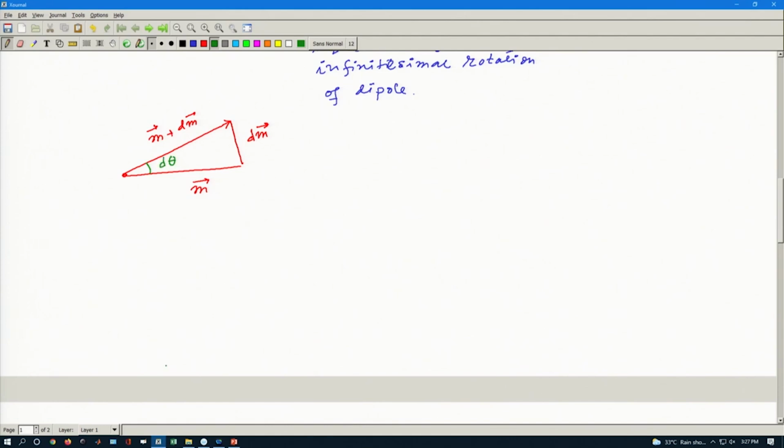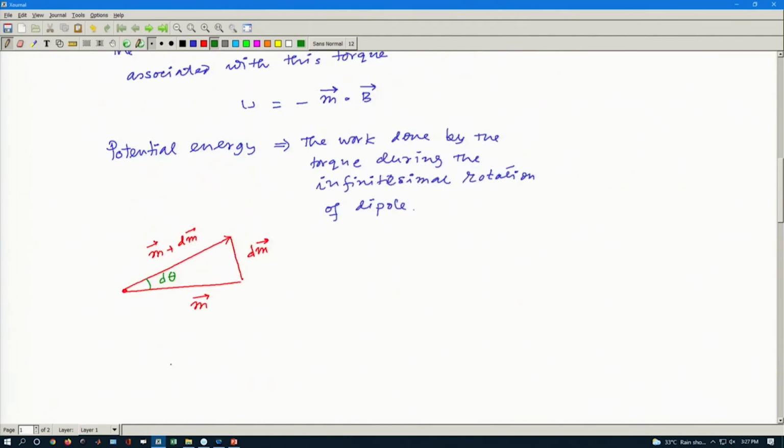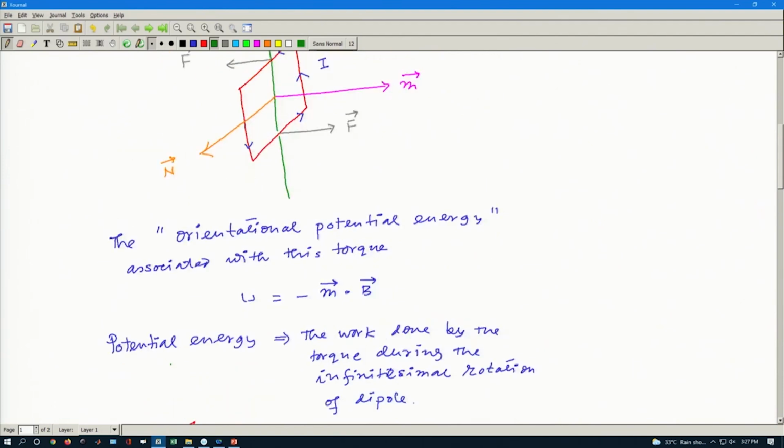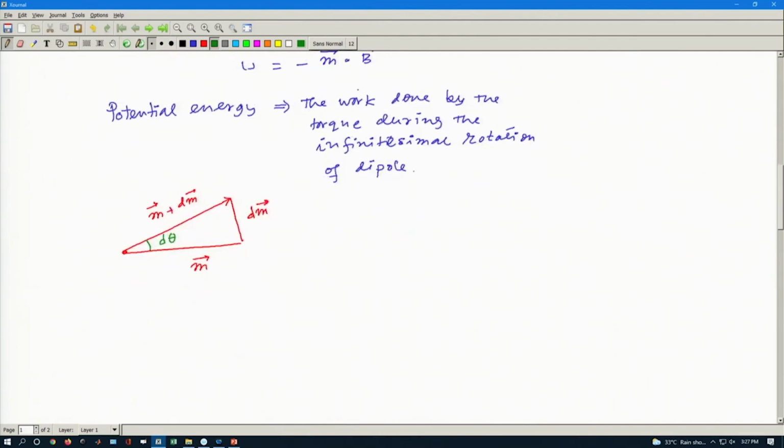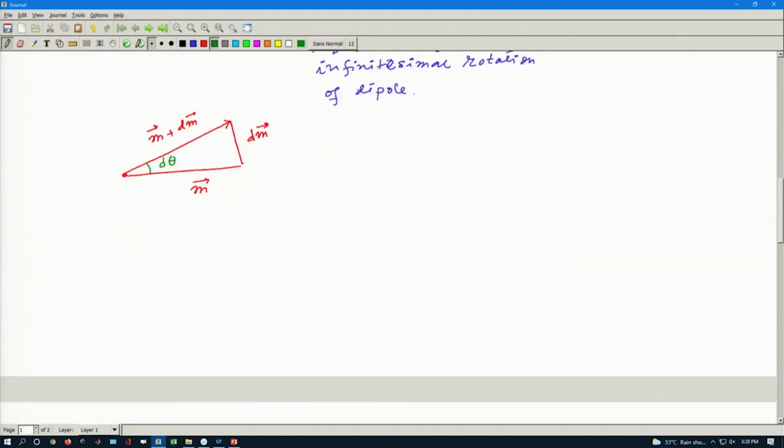Due to the torque, if you see in this figure, these things will rotate. So this M now has a different orientation, and the current loop will slightly move, and that gives the amount of work done by the torque, which will be stored as potential energy. That is what we are going to calculate.